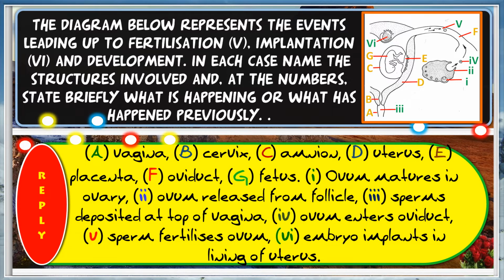A is the vagina, B is the cervix, C is amnion, D is the uterus, E is the placenta, F the oviduct, G the fetus.